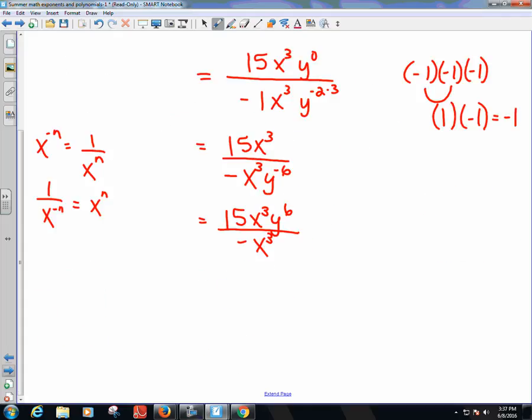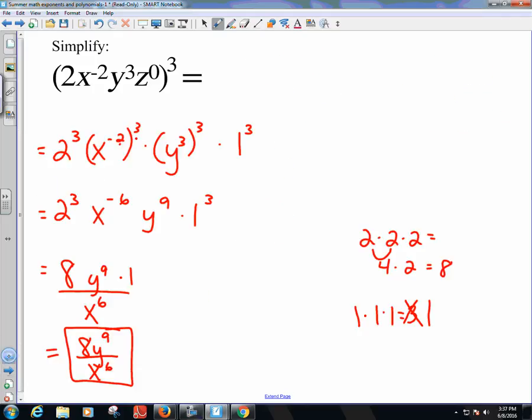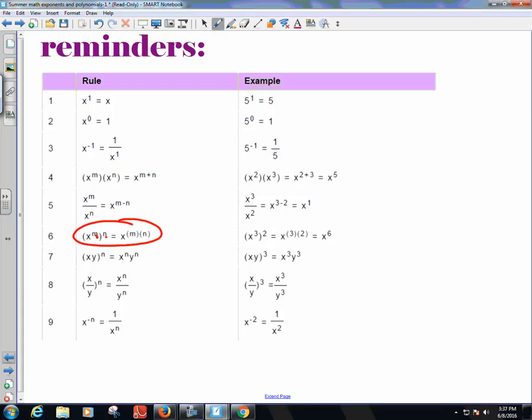All right. So let's go look at our rules and see what it says about having stuff in the top and the bottom. All right, well, that's this rule. It says if you have x to the m in the numerator and x to the n in the denominator, subtract m minus n.